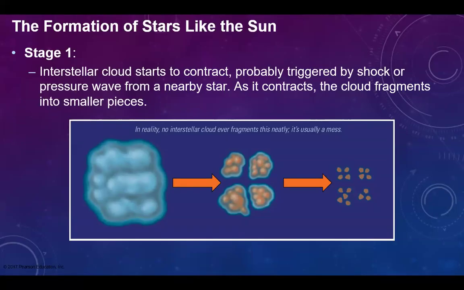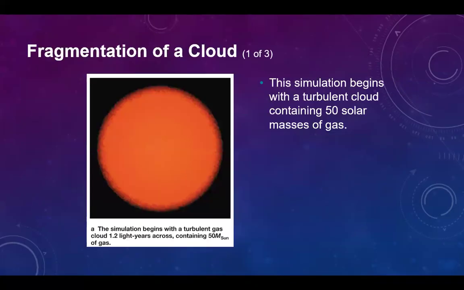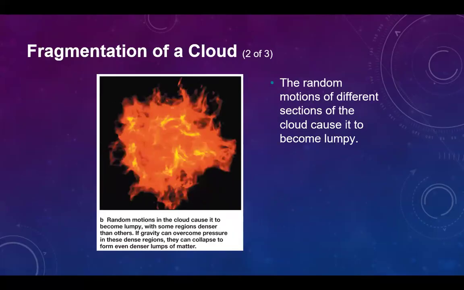Each of these smaller pieces can become a star. So this simulation begins with a turbulent cloud of gas containing about 50 solar masses of gas. And you can see as random motions in the cloud cause it to become lumpy. And the denser areas are going to collapse faster than the less dense areas and draw things towards them because of gravity.